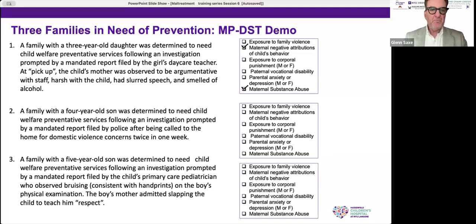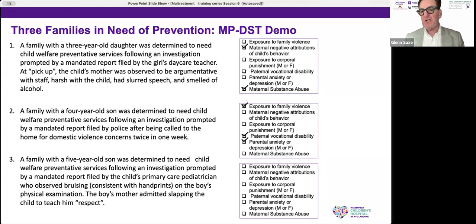Another family, for example, a family with a 4-year-old son determined to need child welfare prevention following an investigation prompted by a mandated report filed by police after being called to the home for domestic violence twice in 1 week.